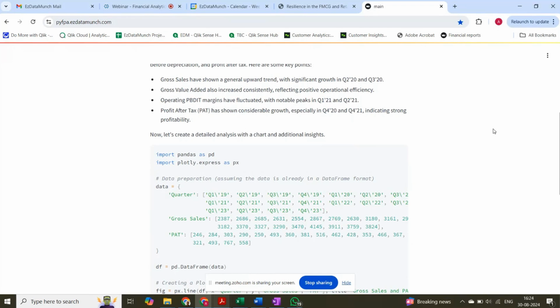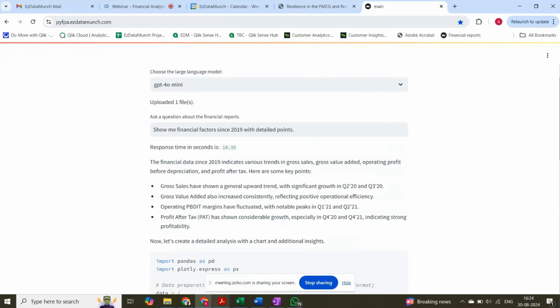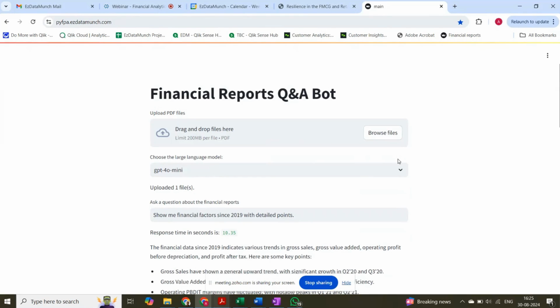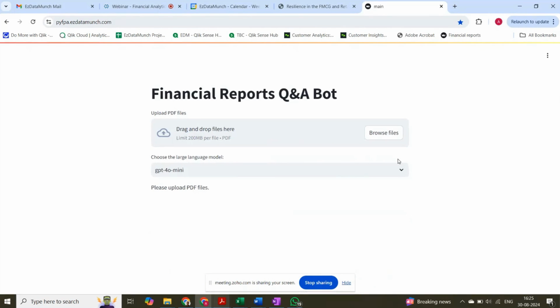So what did we see? That yes, the bot reads PDFs, annual reports, it reads data. Now this was only data, right? It reads an Excel file. And now let me put some market reports in.